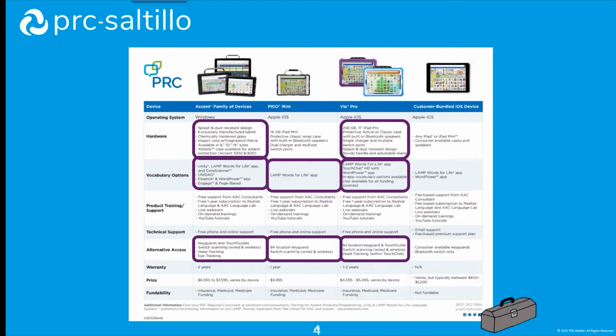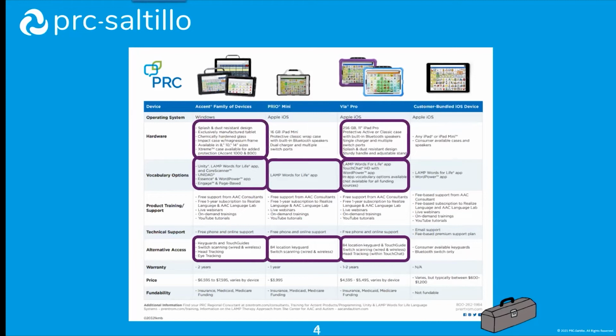So the durability factor, the different language systems that we were talking about: we have access to Unity 60 and 84 one-hit and sequenced on the Accent, as well as Lamp Words for Life. We have Lamp Words for Life available on the VIA Pro with that durability, so those still stay in the running. And we have key guards and touch guides available on both of those. So we can rule out the Prio Mini. We don't have to bring that one in for trying.